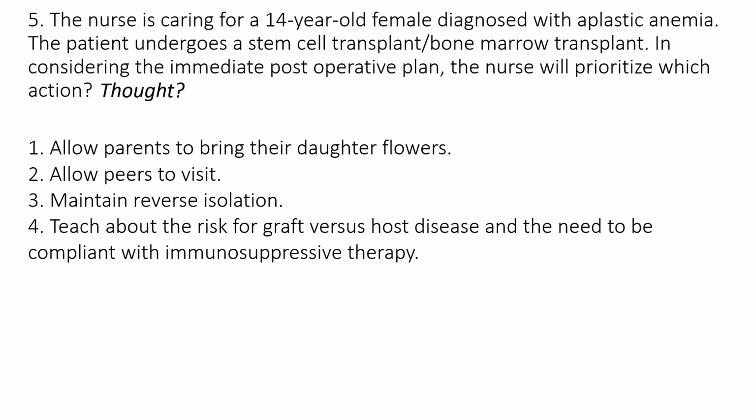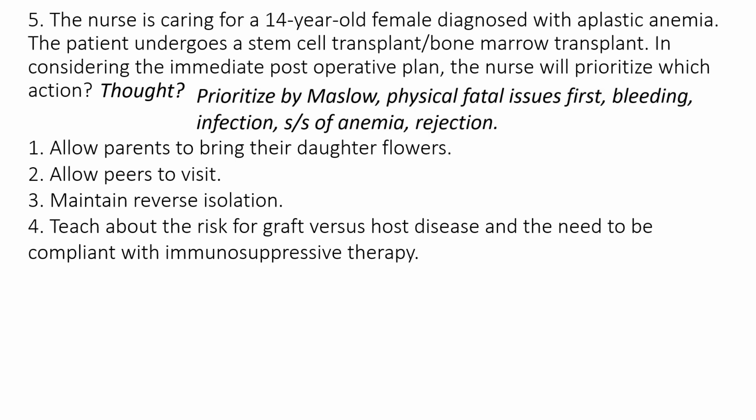And the answer here is number 3. In the question, we needed to pay more attention to that she's immediately post-op and what is her plan? What will we prioritize? And the thought is to prioritize by Maslow, and Maslow says physical fatal issues are first. So anything she'd be in danger of right away would be bleeding, infection, anemia signs and symptoms, and rejection.